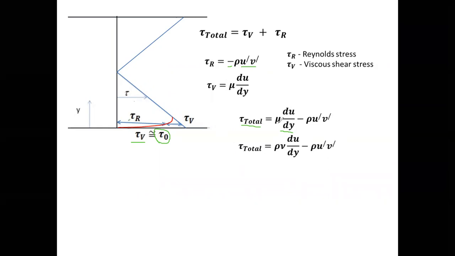Therefore, we know mu equals rho times nu, where nu means kinematic viscosity. I explained that in the very first lecture, I think. Then the total shear stress we can write as rho nu du by dy minus rho u dash v dash.